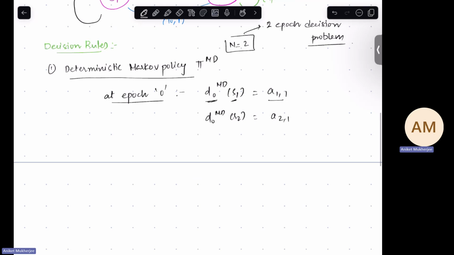And at epoch 1, if you're at state S1, you take the action A12. If you are at state S2, you take the action A21.